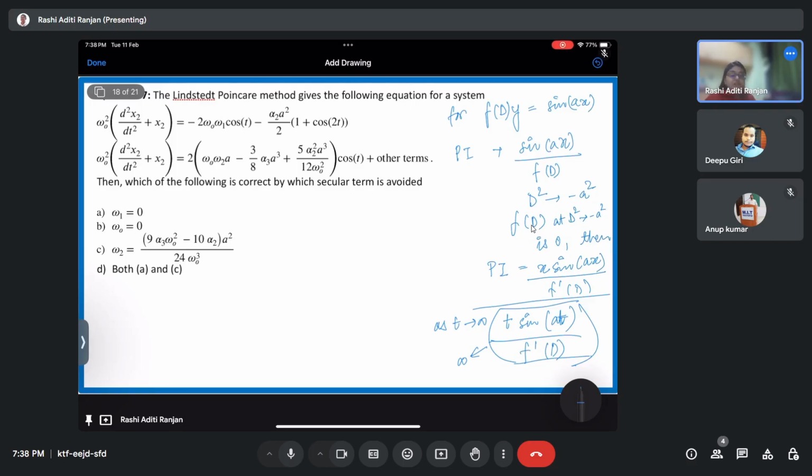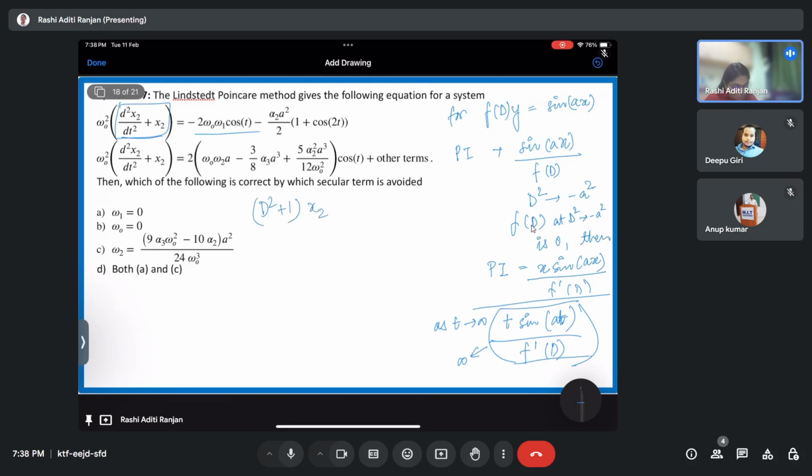So first we will check which term in the given expression can give me this kind of secular term, or is going to give me such an infinite solution. Coming on to this expression, I can write this as (D square plus 1) into x2.